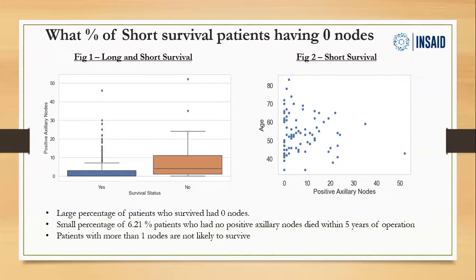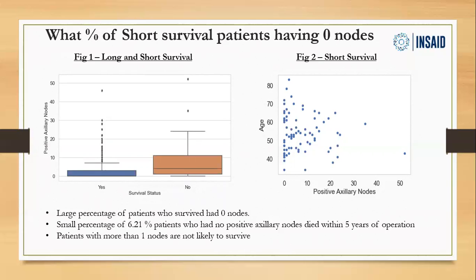In this graph, you can see that the density area for the blue region lies at the zeroth node. Between 0 and the third node, the majority of the blue region lies in those axillary nodes.